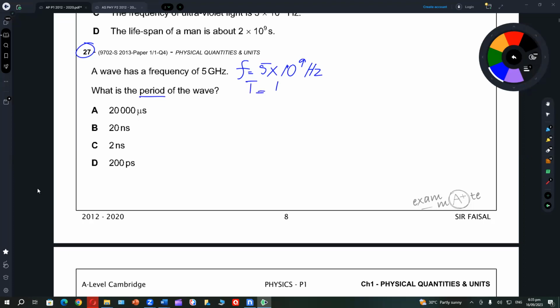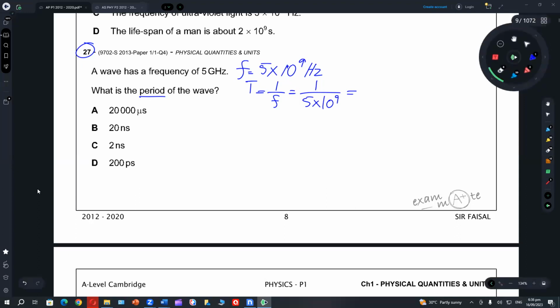Time period is equal to 1 upon frequency, 1 upon 5 into 10 to the power 9. Can anyone solve this? We can leave it here in this version because it is in second.